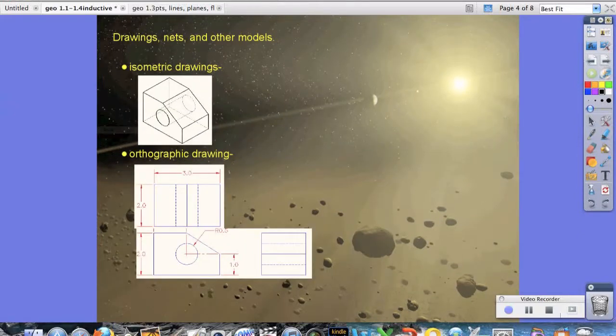Now, the next portion of what we're supposed to learn is based off of drawings. Isometric drawings are three-dimensional drawings such as the one here with this cylinder cut out. An orthographic drawing is based off of a three-view drawing, the front, the top, and the right view typically.